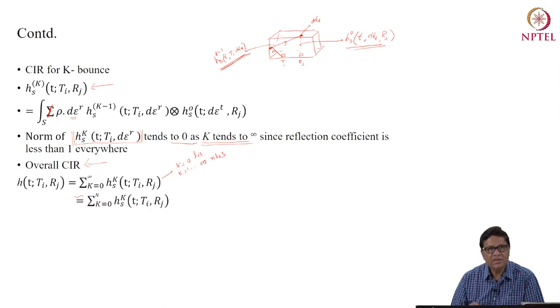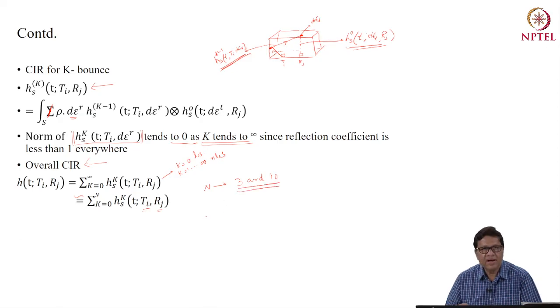And it has been seen experimentally or using software tools that this n value is between 3 and 10. If n is more than 10, it has very low impact on the channel impulse response. So for all simulation or practical purposes, n can be between 3 and 10.